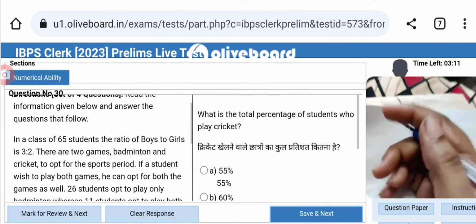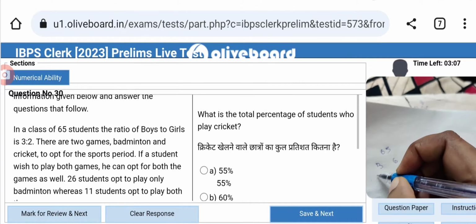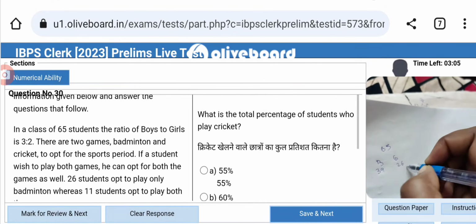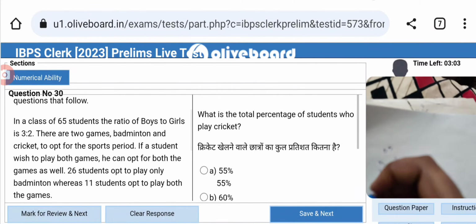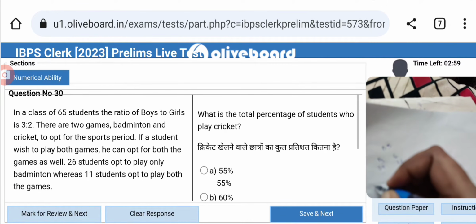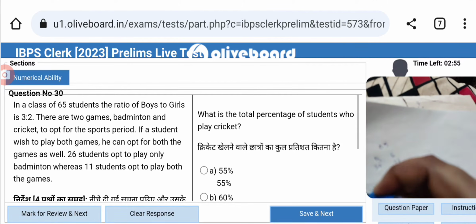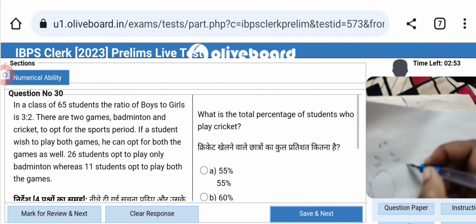Next one. In a class 65 students, boys and girls 32, 39, 26. 2 games, badminton and cricket. If the students play badminton, cricket.